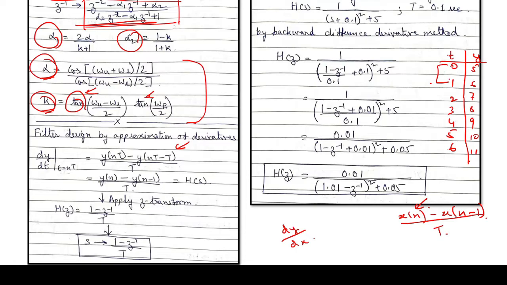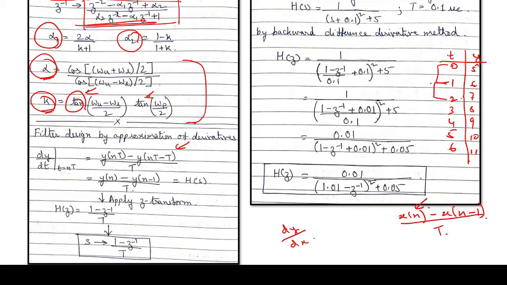When you try to get the derivative, you use 6 minus 5 divided by 1 minus 0, that is equal to 1. So 1 by 1. Similarly over here you will have 7 minus 6 divided by 1.